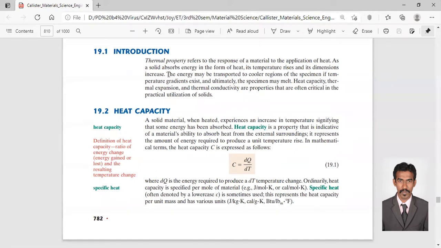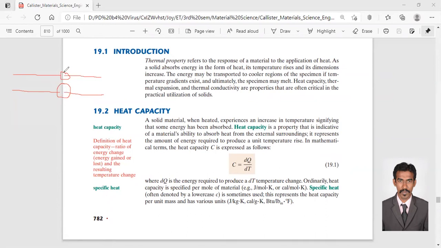If you have seen railway tracks, there are gaps between two tracks, not between the parallel tracks. So why is this gap there?